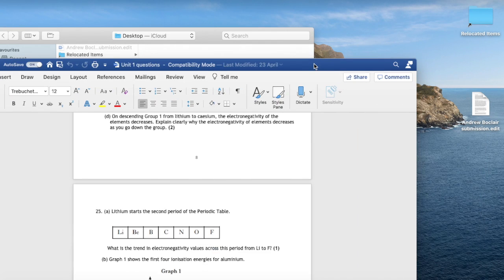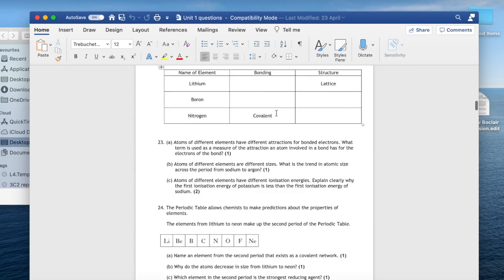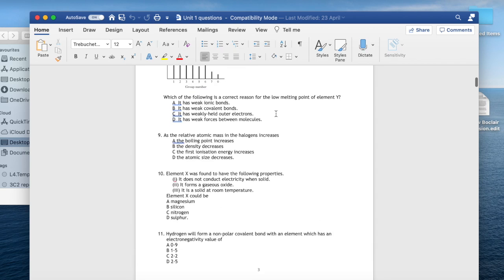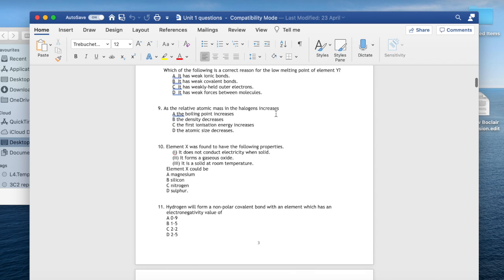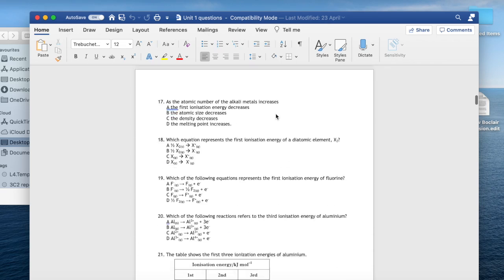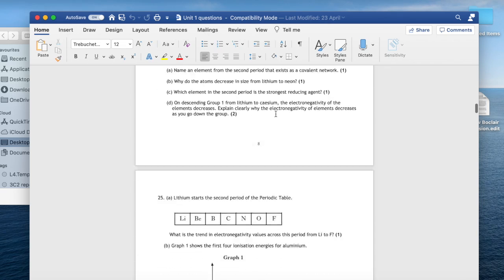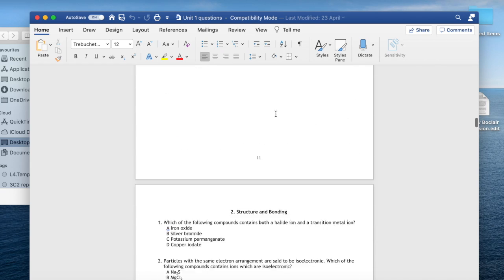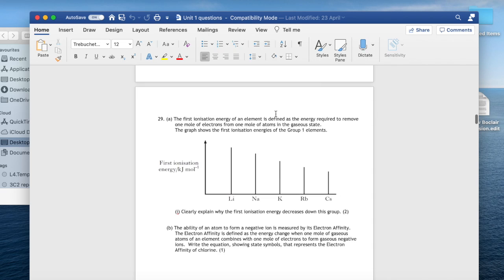I asked you to do up to question 6 last week. After you've read over the notes for this week, you should be able to do the rest of these questions up to structure and bonding. If you scroll through the questions, you'll get to question 29.